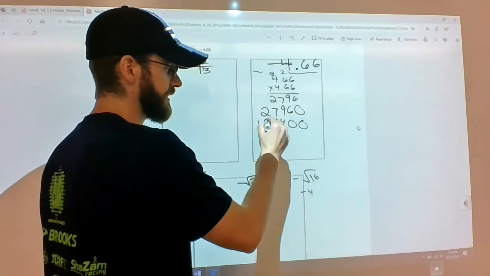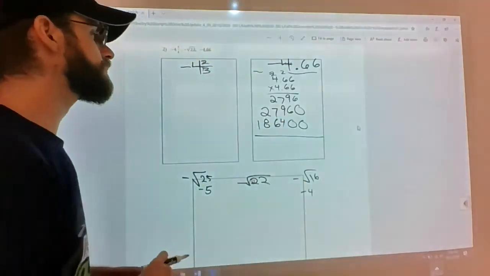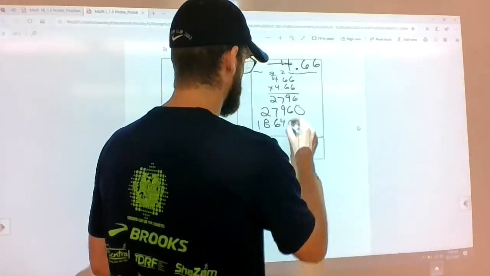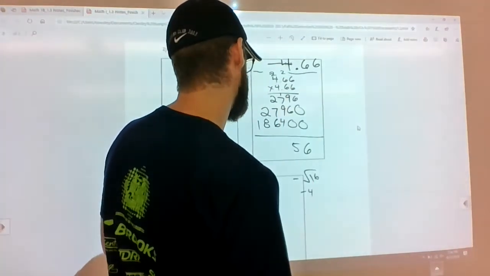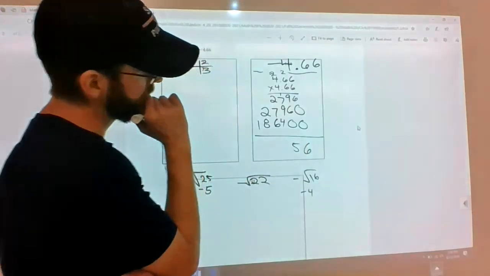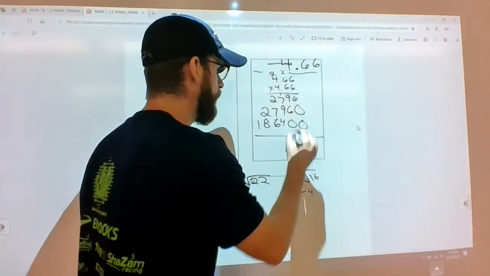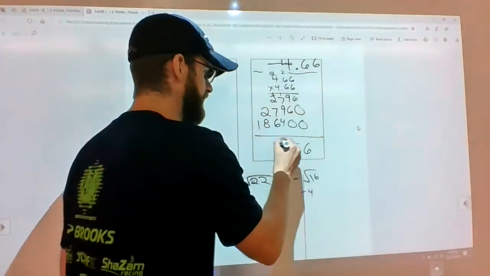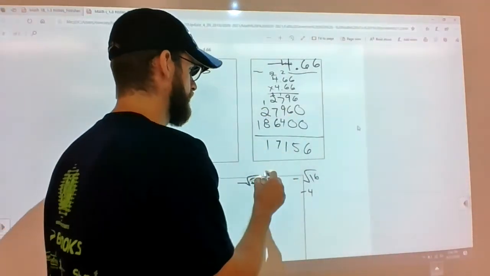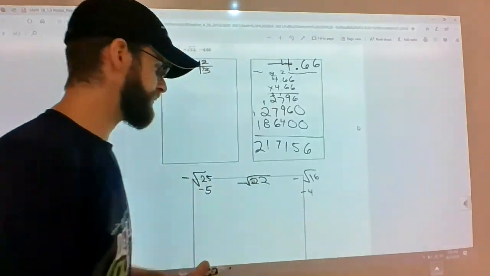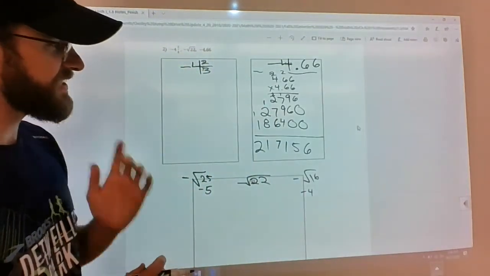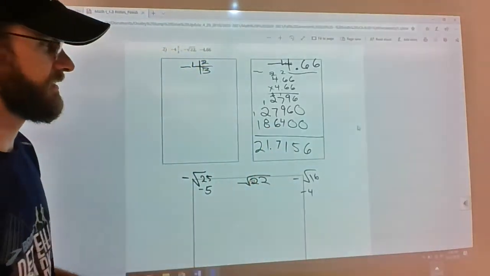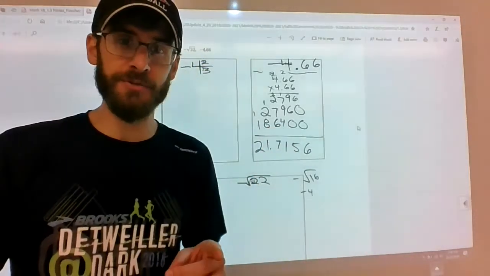Plus 2 is 18. So go ahead and add them up. I think that's 21. 13, yeah. 21, you're carrying a 2 there. 4, 10, 17, 1. All right, so it's 21.7156.